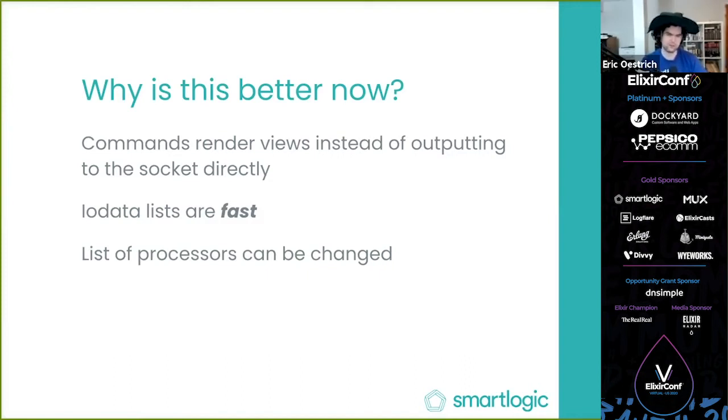As part of this, I wrote a Benchee test, and the IO list side of the test was so fast that I found a bug in Benchee on Mac, because it was considering it as 0 seconds. That's how fast this was. And the other important thing is that you can change the list of processors. You can reorder it, you can change it, and we'll see the power of this in the demo.